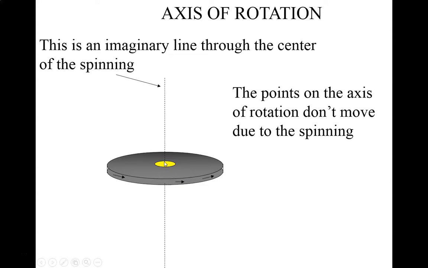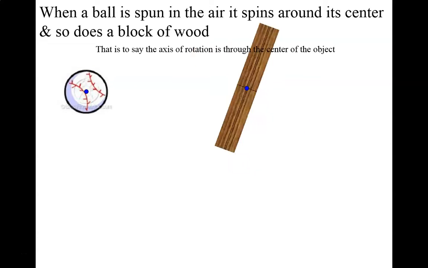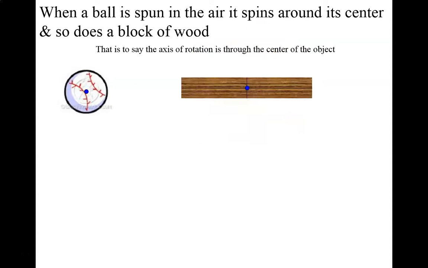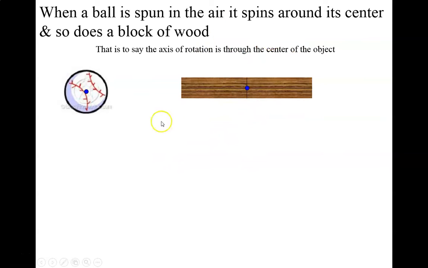The points on the axis of rotation don't appear to be moving at all. They're stationary. So when we throw an object in the air and give it a spin, the axis of rotation for some simple objects will just go right through the middle of the object. So for a rectangular block of wood, it just goes through the center of the object.